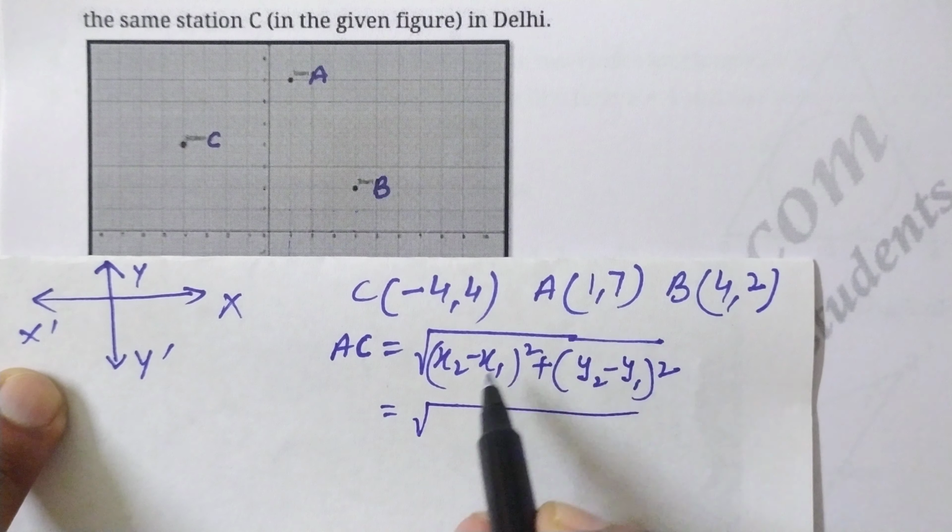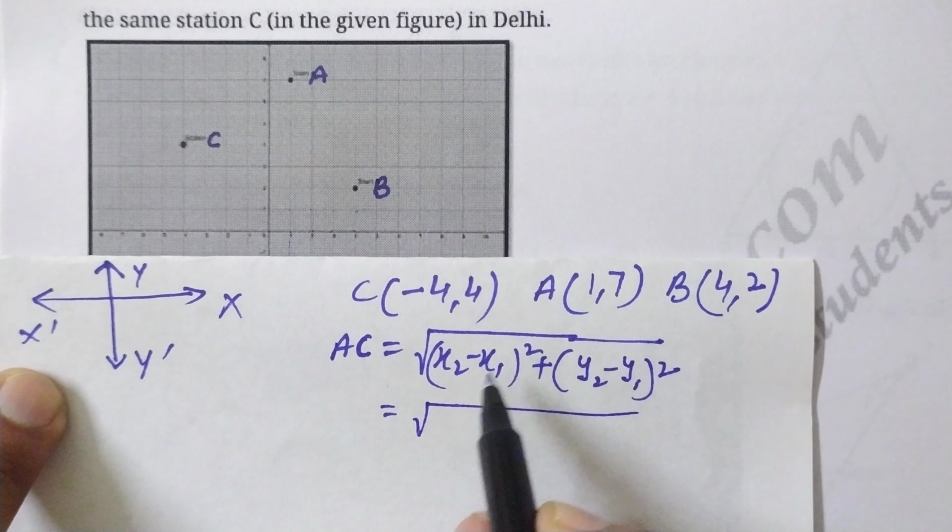So the next question is, the area of the triangle formed by joining the points represented by A, B and C is what? So A, B, C, when we join these 3 points, we get a triangle. We need to find out the area of that triangle. So we have a formula for finding the area of the triangle.